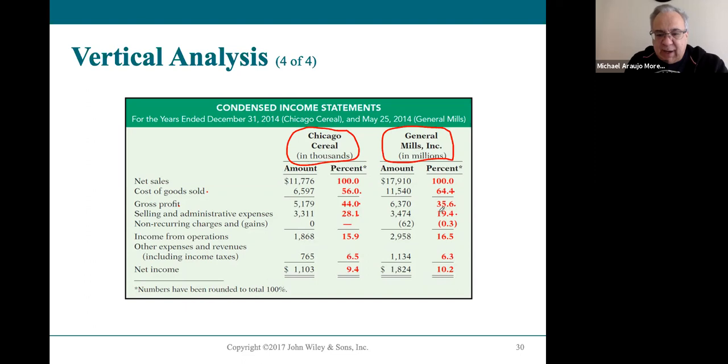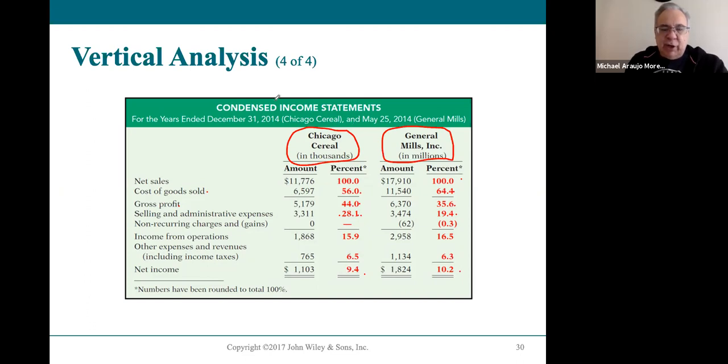They're only spending 19.4% of every sales dollar on selling and administrative expenses, whereas Chicago Cereal is spending a whole lot more as a percentage of its dollars. And thus, even when you look at their net income, General Mills has a much higher net profit margin at 10% compared to Chicago at 9.4%.